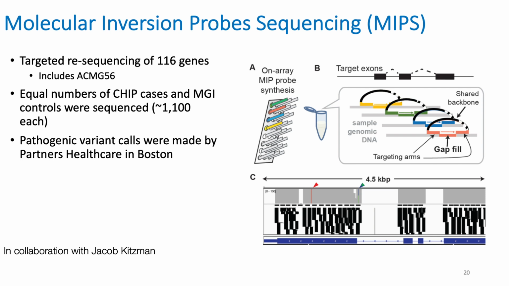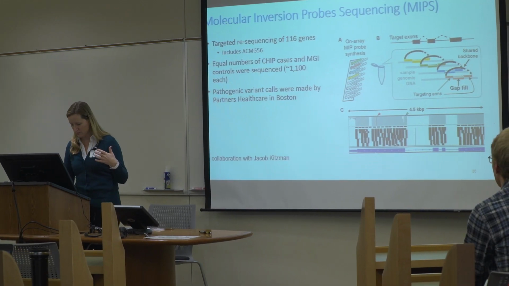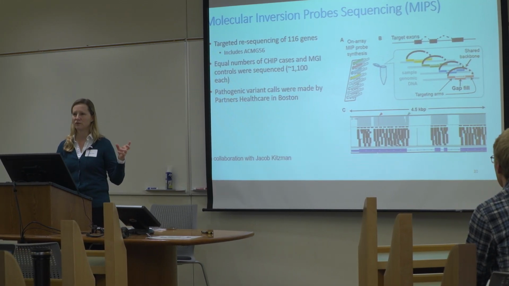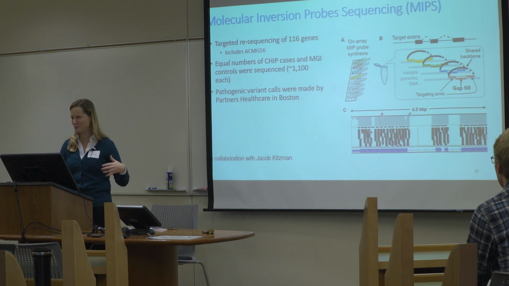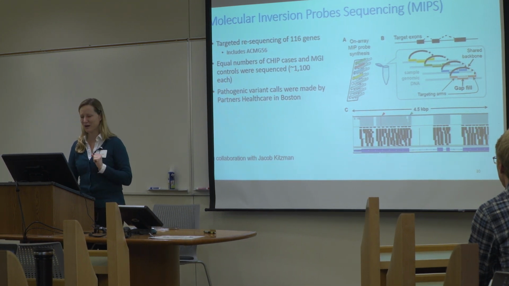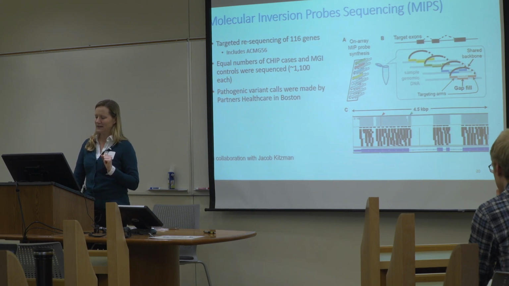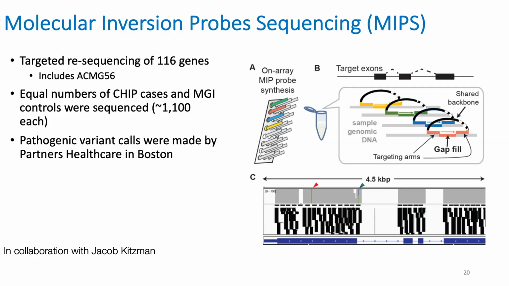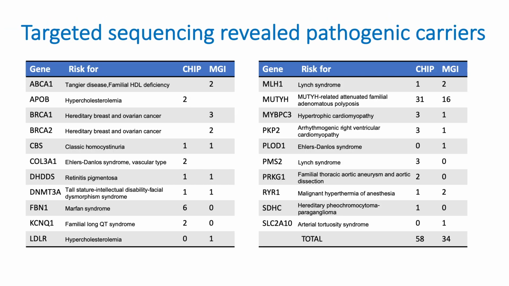So to pilot this study, we selected equal numbers of CHIP cases and MGI controls. And again, pathogenic variant calls were made by an external sort of gold standard, as best you can do, calling variants as pathogenic or not, by Partners Healthcare in Boston. Again, Partners Healthcare doesn't know who's a case and who's a control.